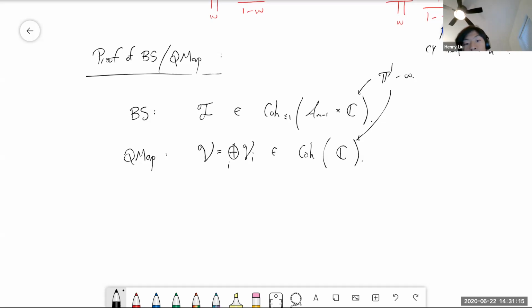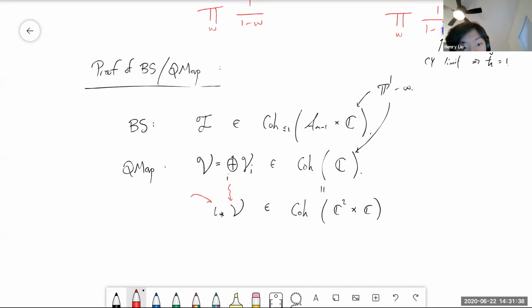Equivalently, this is the same category as coherent sheaves on C^2 and C. Right. There's an equivalence of categories here, where you just send your sheaf to a skyscraper at the origin. This is the inclusion of 0 into C^2.